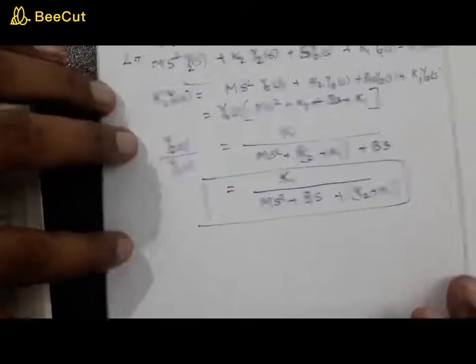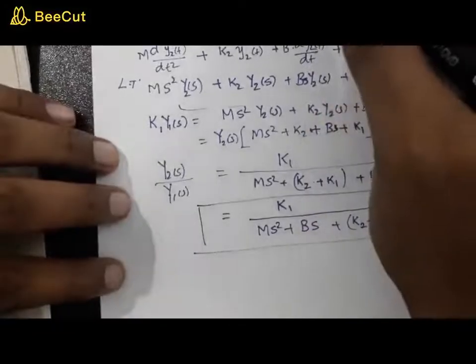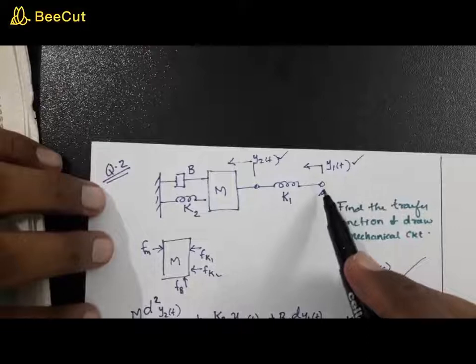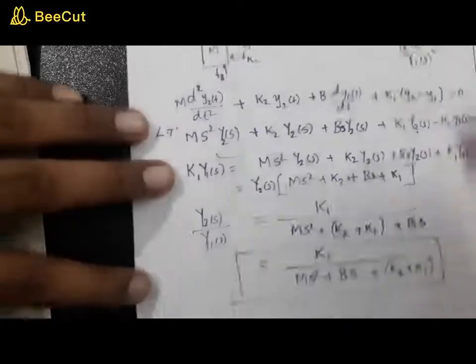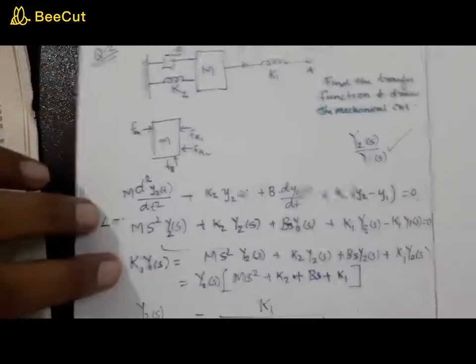Now how to draw the mechanical circuit of this? When you draw the mechanical circuit, this is actually the input point, that is the node. There are two nodes because there are two displacements. So I will start with this node A, and this node A is open because nothing is said about the input.